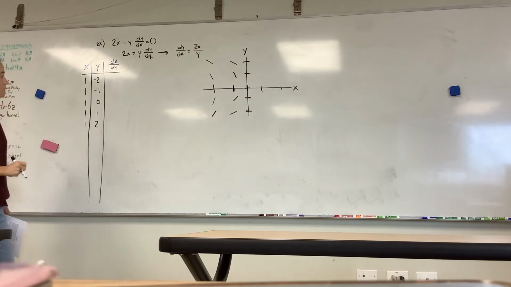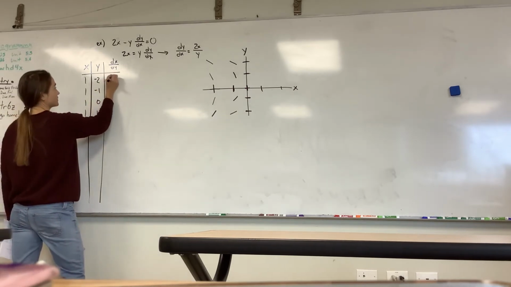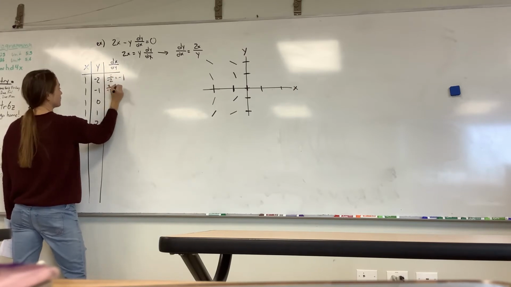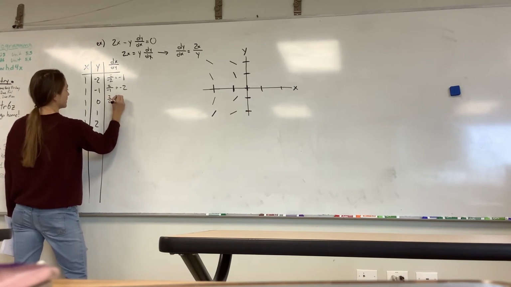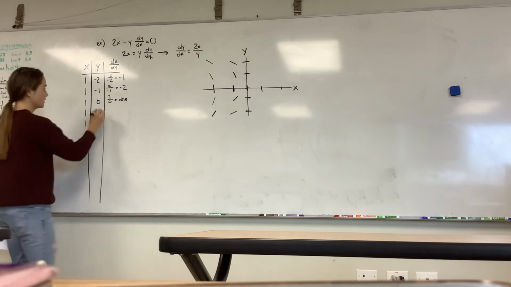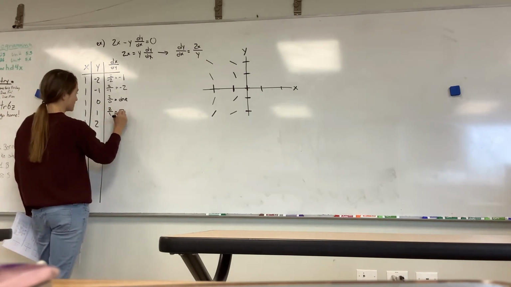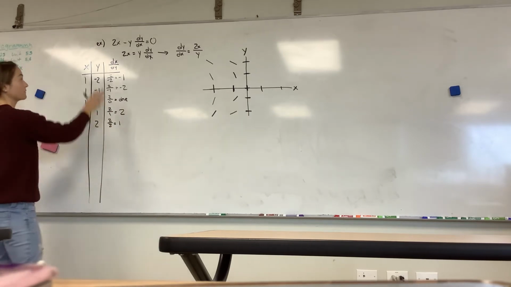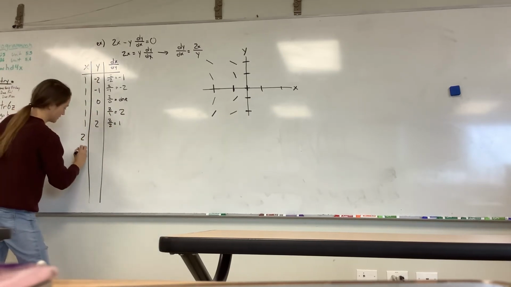If we plug in 1 for the top, we'll get a 2 every time on the top, and so this is a 2 over negative 2, that's negative 1. 2 over negative 1, that's negative 2. 2 over 0 is again, does not exist. 2 over 1 is a positive 2, and a 2 over 2 is a positive 1. I'm going to go ahead and do my 2 points.